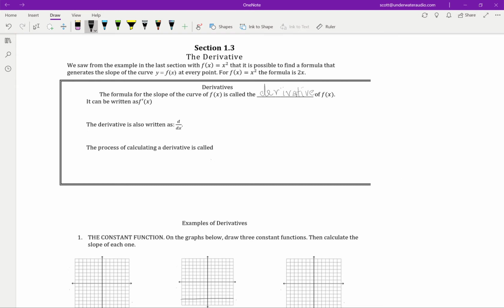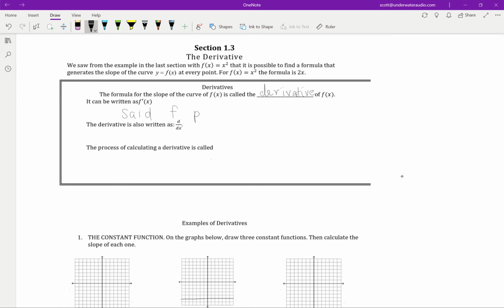So the formula that gives you the slope of the curve of f of x is called the derivative of f of x. It gets written like this with this little prime here, f prime of x. Sometimes people say f prime of x, like I just did.